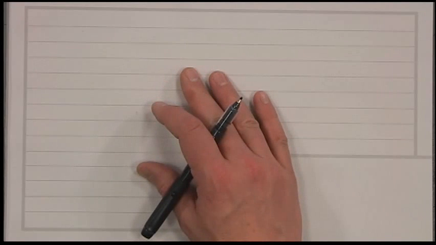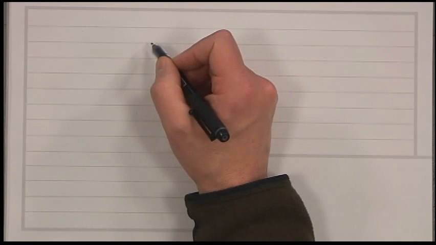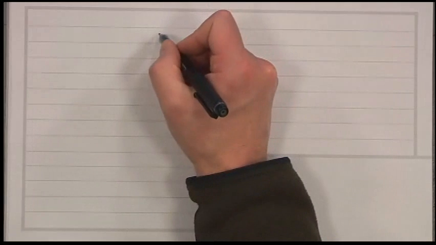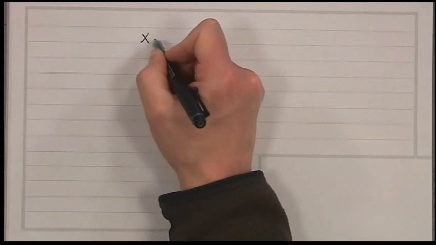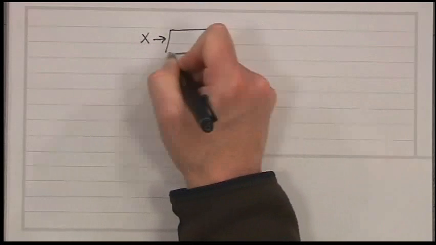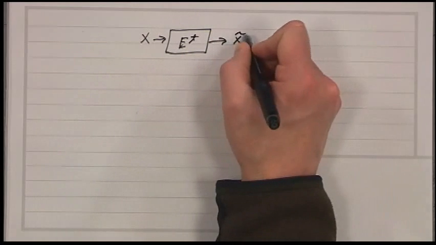Okay, so what we have then is that, let me draw a picture. We start with x, we put it into transform E transpose, and we get out x tilde.